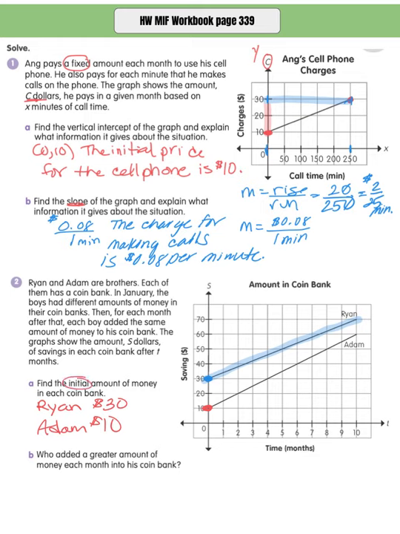Who added a greater amount of money each month into his coin bank? So what you want to do is find the slope. So here is Ryan's, and this is Adam. So we want the slope. So m equals. All right, so let's look at Ryan's. So I went from 30 all the way up to 70. So that difference is 40.